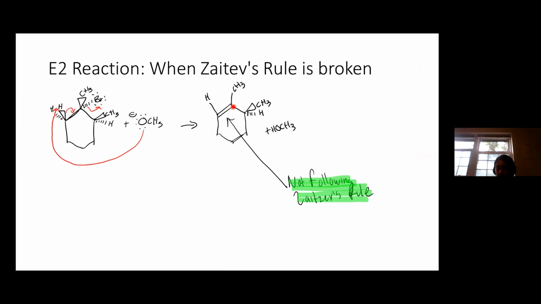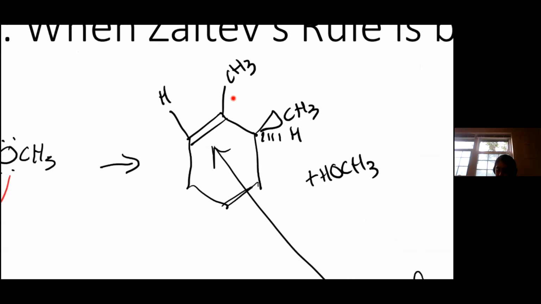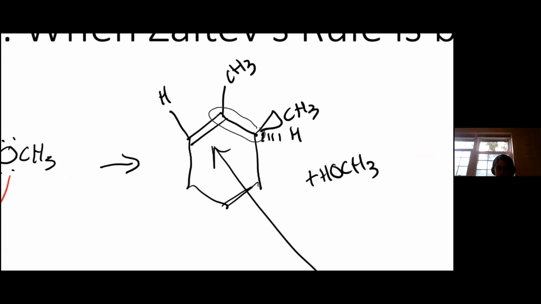But notice how it's not following Zaitsev's rule, right? If we would have formed it between this right here, we would have had a tetra-substituted alkene, right? And it would be tetra because it has 1, 2, 3, 4. So if it would have formed between this one and this carbon right here, we would have had a tetra. But because it wasn't able to remove that H because it's not anti, then it went to the next best thing, which was this tri-substituted one.